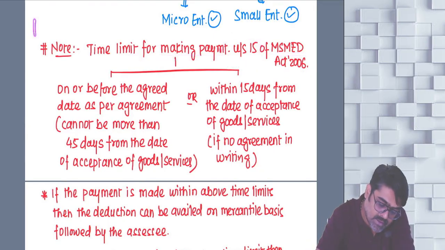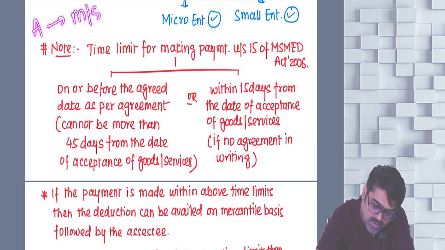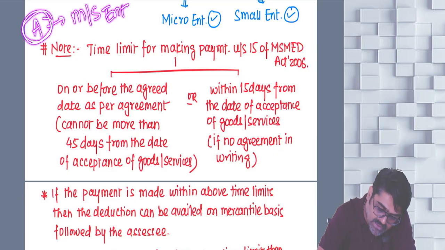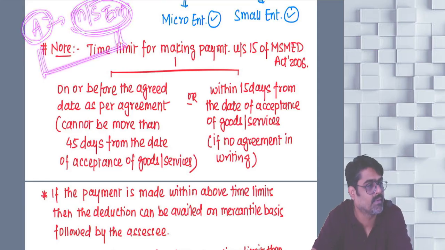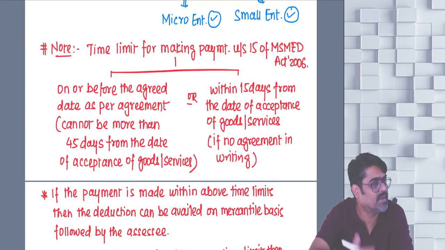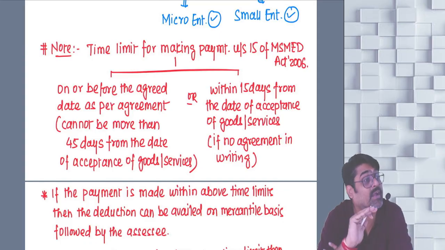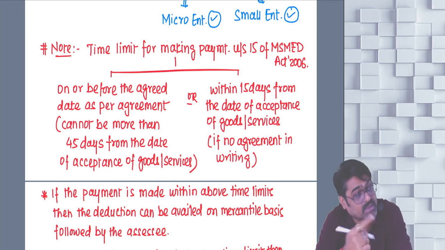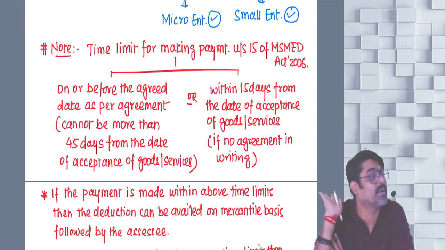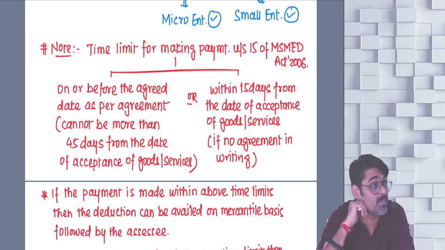If between the assessee and that micro or small enterprise there is an agreement, then whatever the date prescribed in that agreement, whatever the period prescribed in that agreement, within that period the payment must be made. But that period should not be more than 45 days.